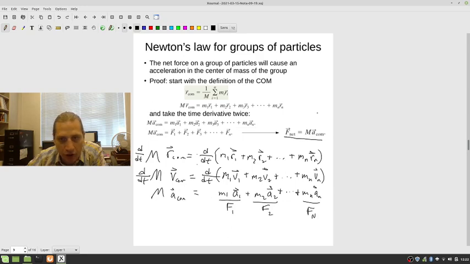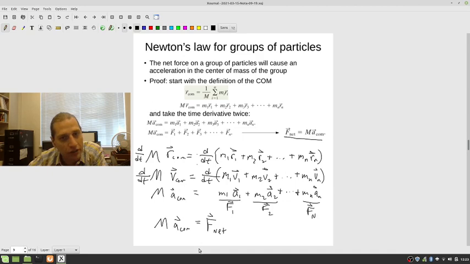So if we define F net as the total force on the first particle plus the total force on the second particle, and so on for each particle, this is just the sum of all of those forces, and that's where I get my M a center of mass equals F net.